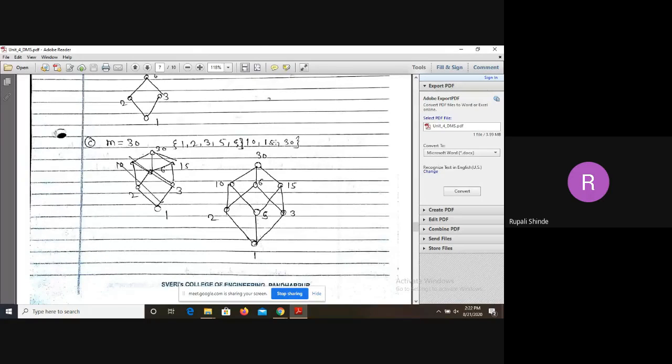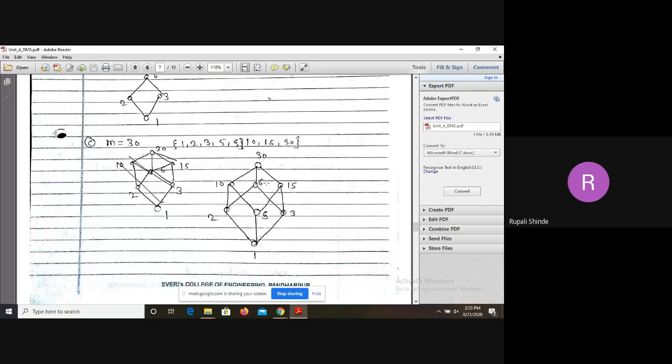Next one is 15. For this 15, 3 and 5 are the divisors, so these are connected by direct lines. And the last element is 30. For this 30, 10, 6 and 15 are all divisors. So this is the Hasse diagram if the value for m is equal to 30.